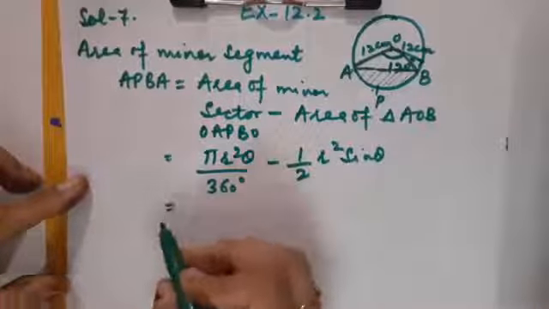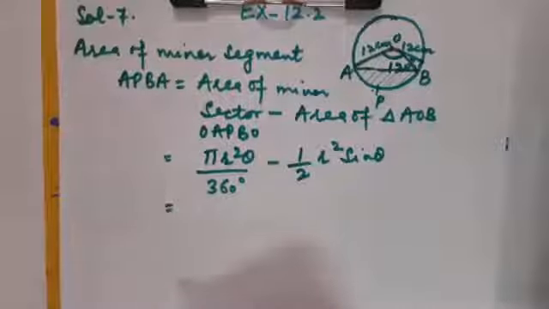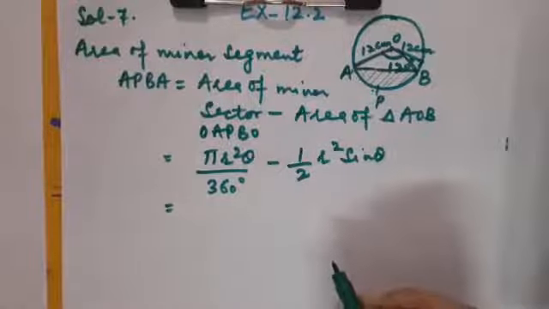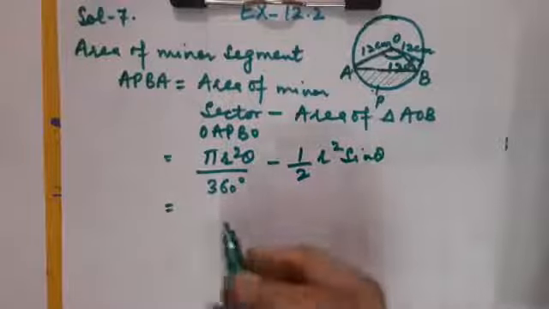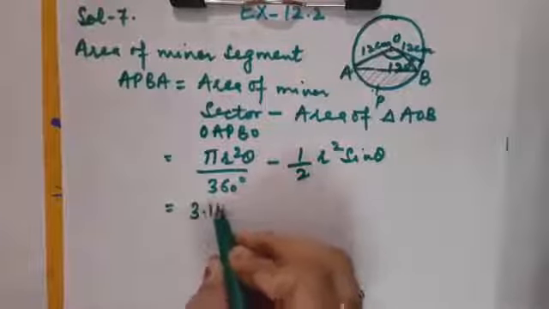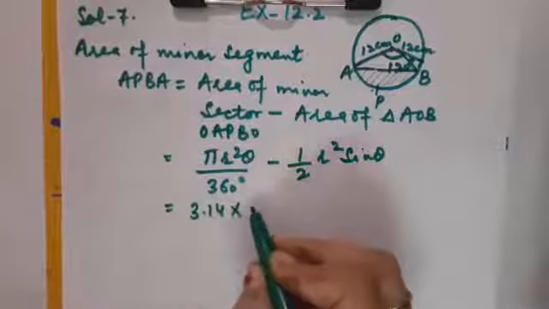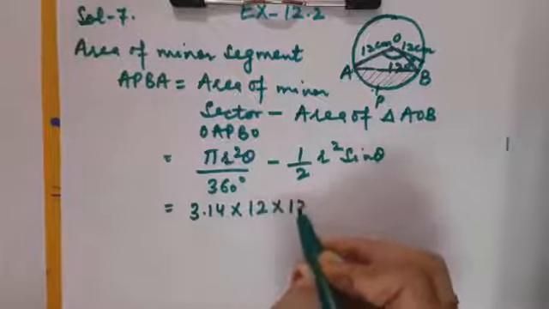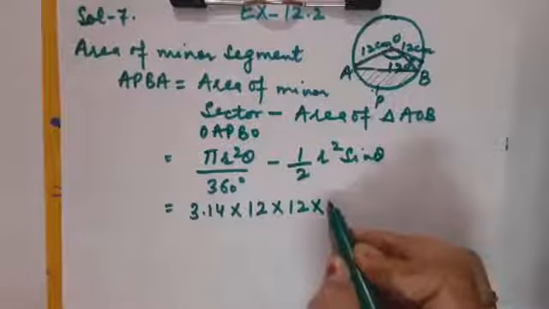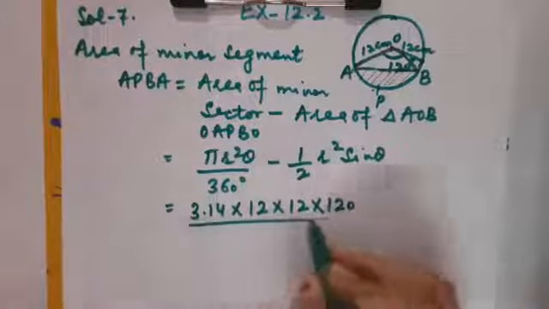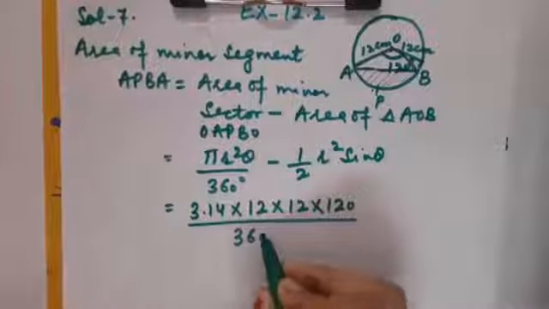Now radius you know, that is 12 centimeter, and it is said in the question that you have to apply the value of pi as 3.14. So let us put the value. This is 3.14 into 12 into 12, and the angle is 120 degree, 120 upon 360 degree.